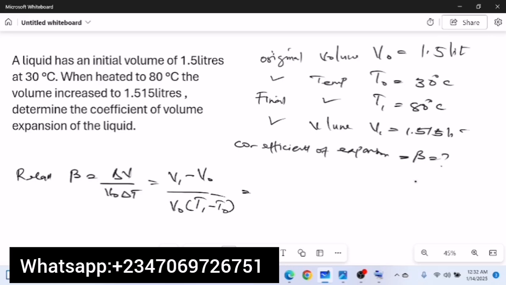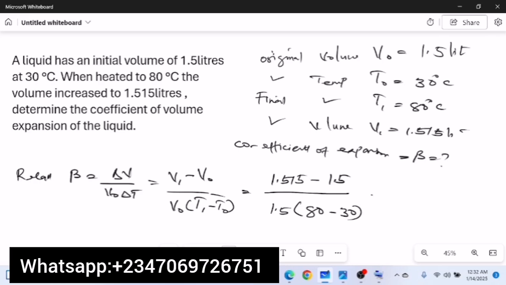So this is equal to, our final volume is 1.515 minus original volume 1.5 liters, all over original volume 1.5 liters, multiplied by the change in temperature, which is final temperature 80 degrees minus initial temperature 30. So once again, do not convert your temperature to Kelvin because they will still cancel out.